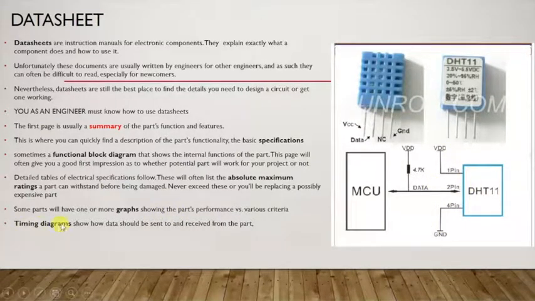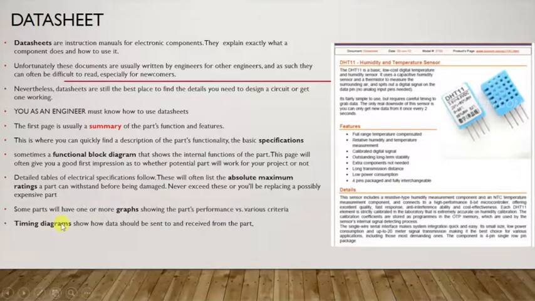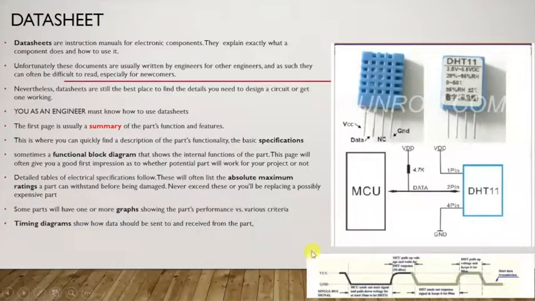Sometimes it also includes a timing diagram for how the data should be sent. You don't have to worry about all these things, you just use the library. But as an engineer, you must know how to read and use a datasheet.